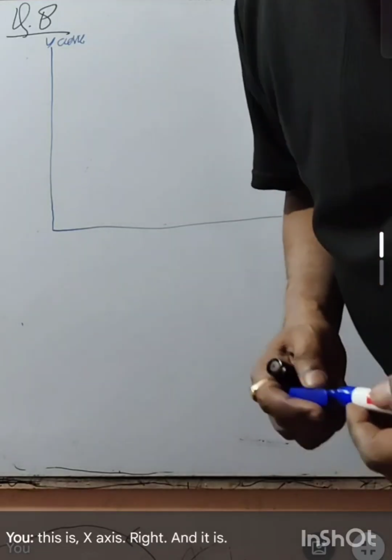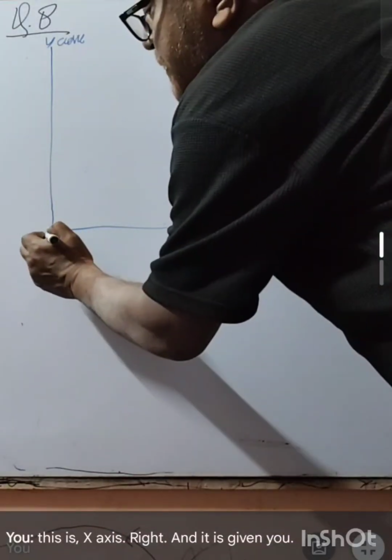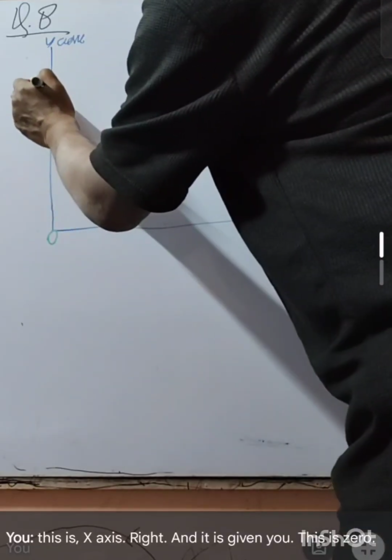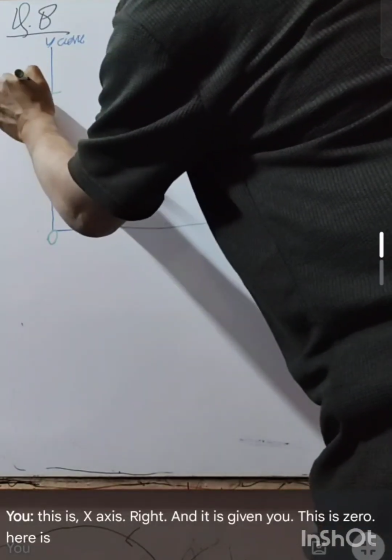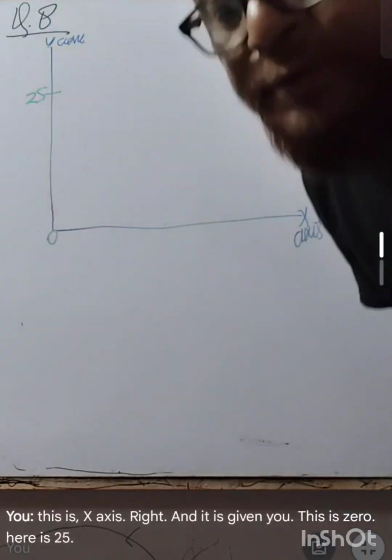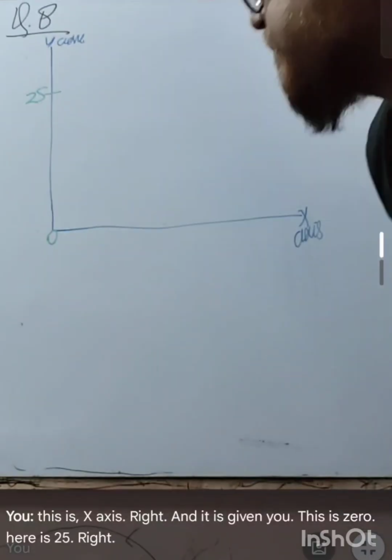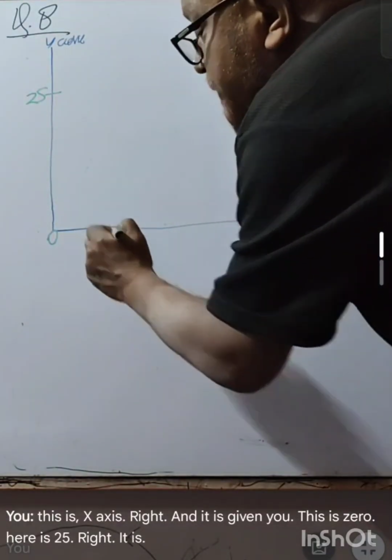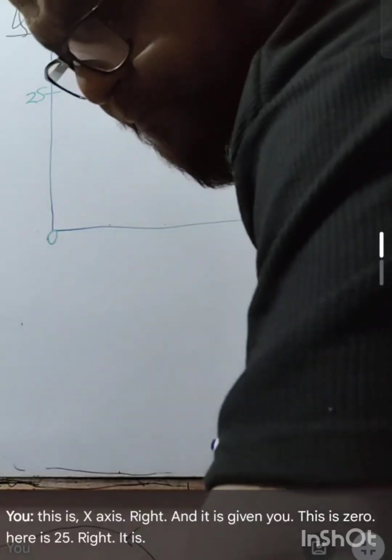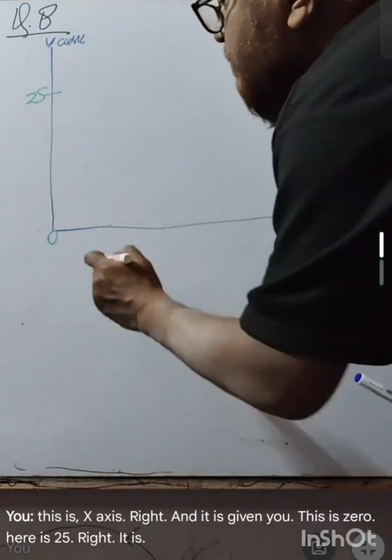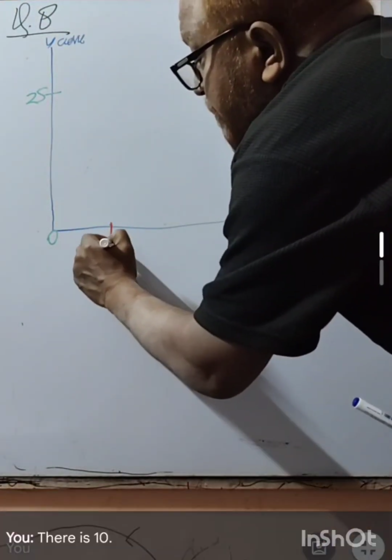And it is given, this is 0, here is 25, right? Here is 10.